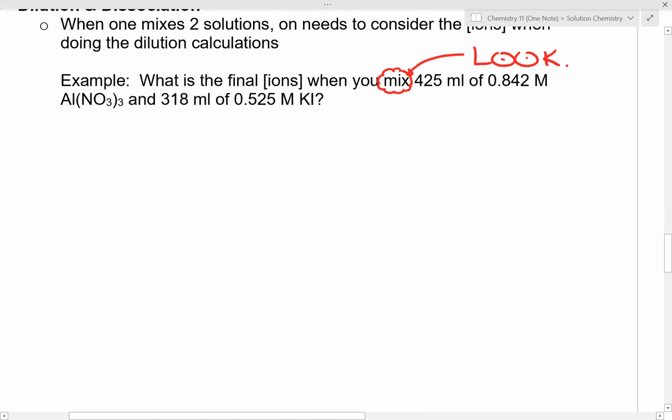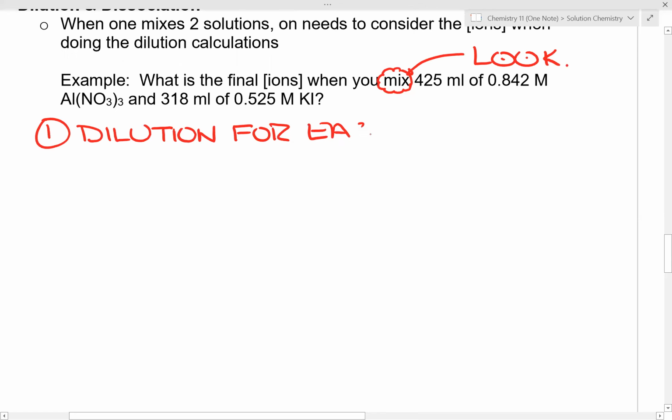Okay, so because you are mixing, what you want to do is dilutions. So the first step is you want to do dilutions for each solution, for each substance.